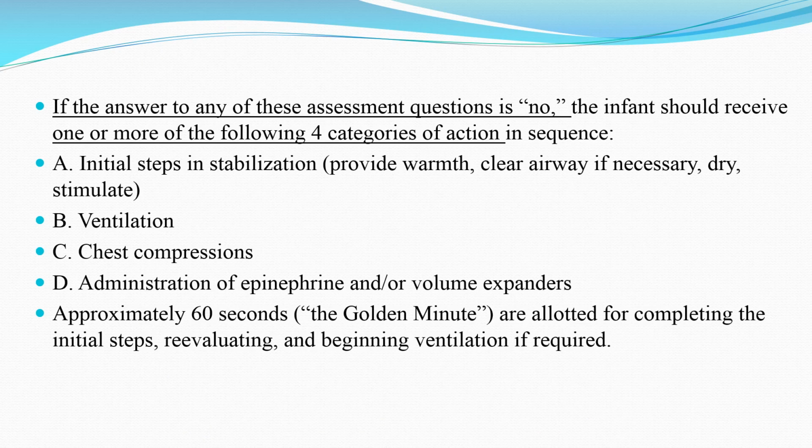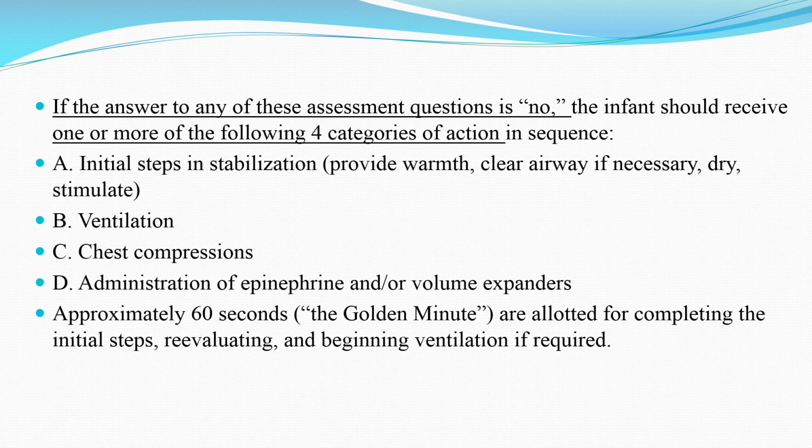If the answer to any of these assessment questions is no, then the infant should receive one or more of the following 4 categories of action in sequence. He might need initial steps of resuscitation, which might not be enough, so he needs ventilation, and if initial steps and ventilation are not adequate, he requires chest compression, and even with chest compression he might not respond well, so you need to administer epinephrine or volume expander.